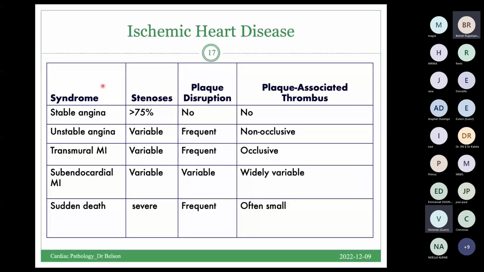So unstable angina yo stenosis ishobora no kuba ari gato cyane, ahubwo ni yindi izaterwa nuko yagize plaque disruption with or a thrombus, but which is not occlusive. Kuba occlusive, automatically ahitagira transmural myocardial infarction. Ntabwo azagira angina, azayigira kanya gato mu minota mike ubundi ahitagira myocardial infarction then up.